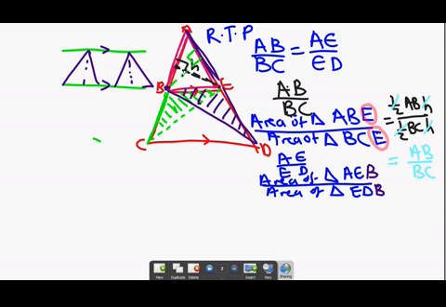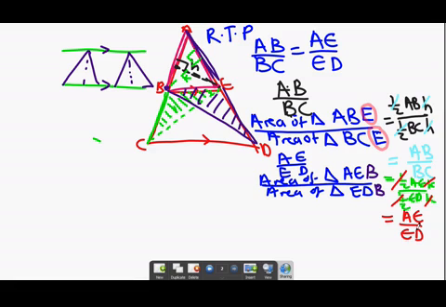And we're going to call it K. Now, once we call that height K, it means that the area is half AE multiplied by K over half ED multiplied by K. And also the K will cancel out. You cancel the half, you cancel the K, you cancel the half, you cancel the K, and this will give us AE over ED. Now that's interesting.